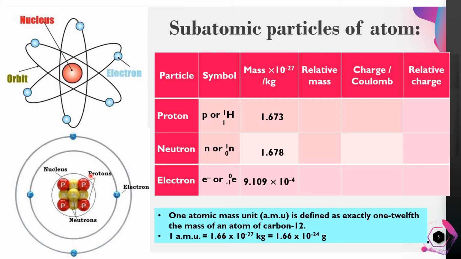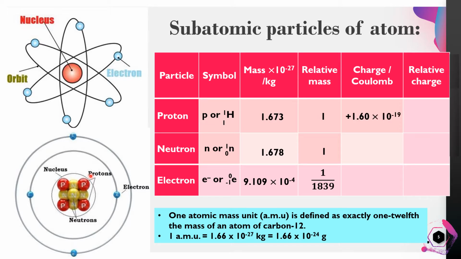Because of this, proton and neutron account for the majority of the mass of the atom. The relative mass of proton and neutron is 1. The electron is very light compared to the other two subatomic particles, which is 1/1839.